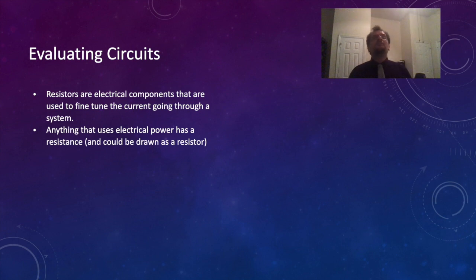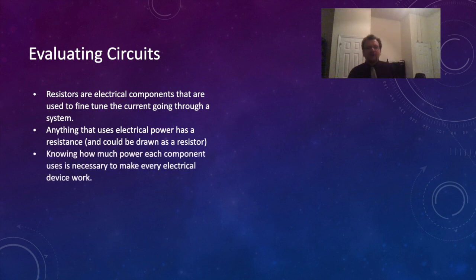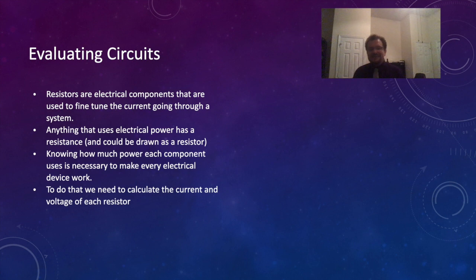And it certainly will be calculated as one. This is why this is so important, because knowing how much power each component uses is necessary to make every single electric device that we use on a daily basis work. So in order to calculate that power, we need to calculate the current and the voltage going through each resistor.